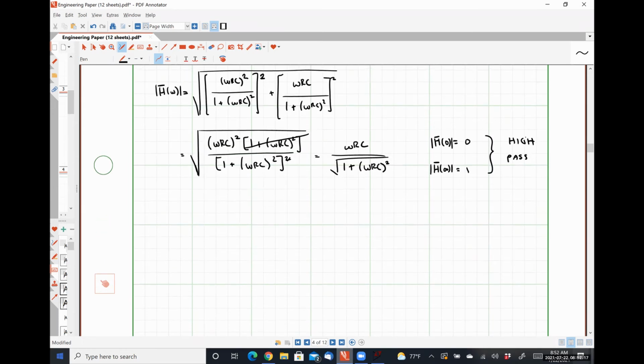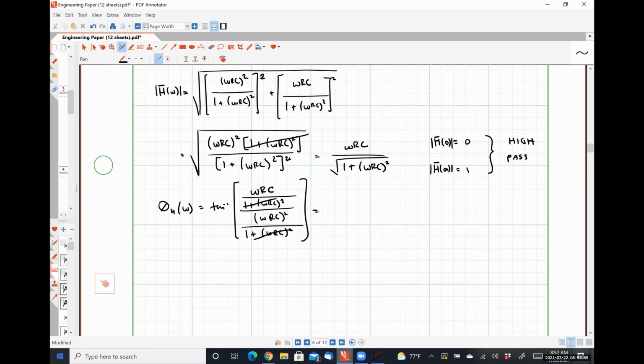If we look at our phase response, theta H as a function of omega, this is going to be the inverse tangent of the imaginary portion. So that's going to be omega RC divided by 1 plus omega RC squared, divided by the real portion, which is omega RC squared divided by 1 plus omega RC quantity squared.